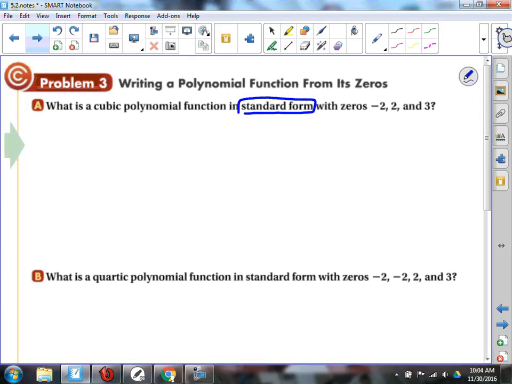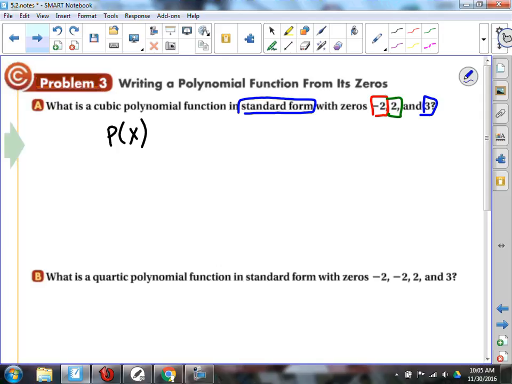They're not telling us what to call it, so we could call it y equals. If you wanted to use p of x, that might be better for a polynomial function. They're telling us it's cubic, so they're telling us that these are the only 3 zeros. This negative 2 is a 0. This positive 2 is another 0. And this 3 is the other 0. Those are the 3 unique zeros of this.